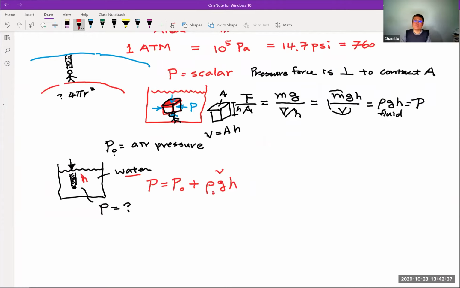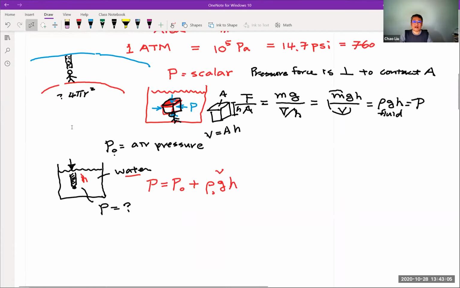So this is how you can find the pressure from the seawater. If you are underneath an ocean, you're not going to use the water density. You're going to use the salt water density, multiply it with g, 9.8, and multiply it with the depth, then it will give you the pressure underneath the salt water.